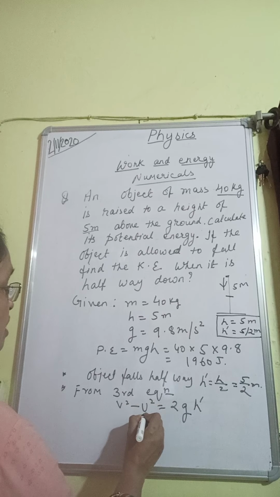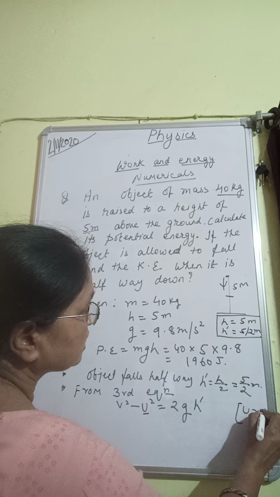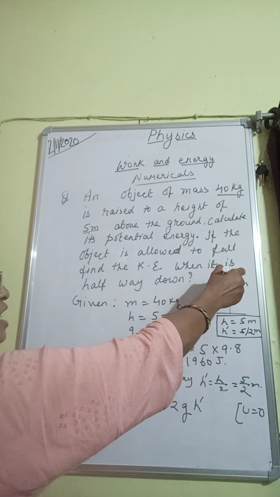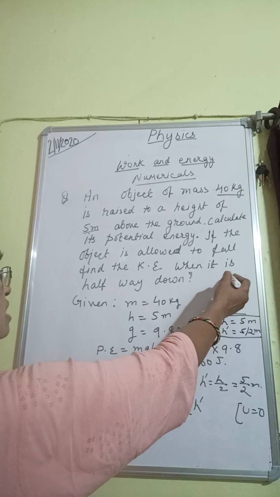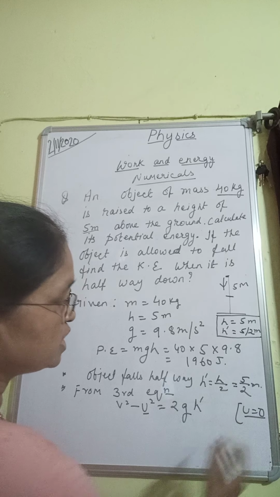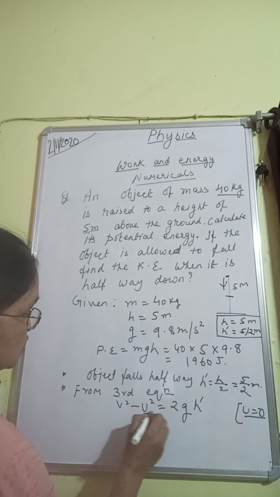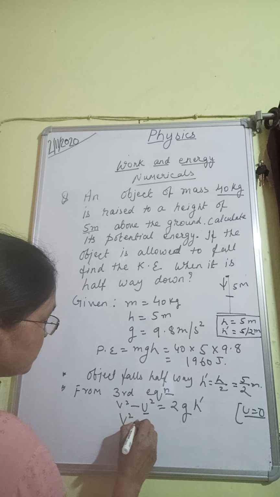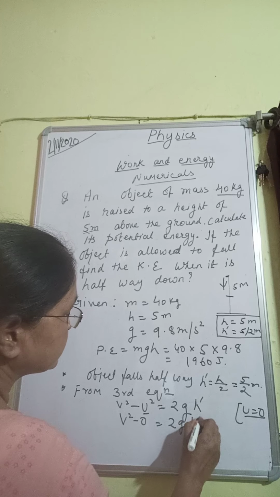Here u becomes 0 because the object was raised to a certain height, and its initial velocity when it starts falling is equal to 0. So v square minus 0 is equal to 2g h dash.